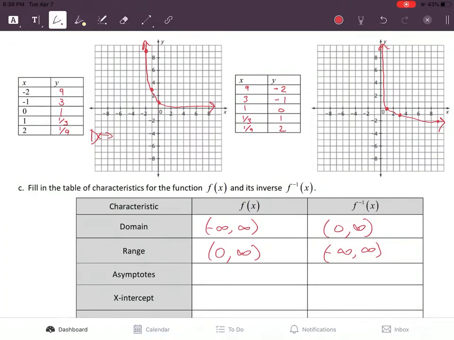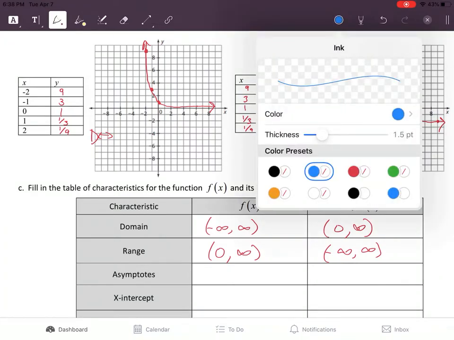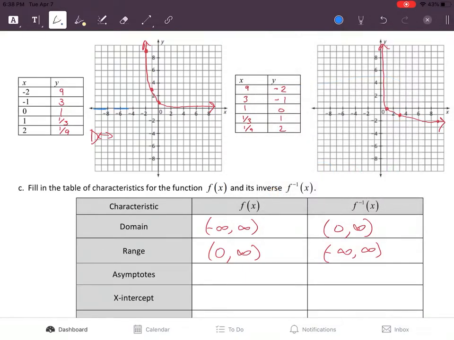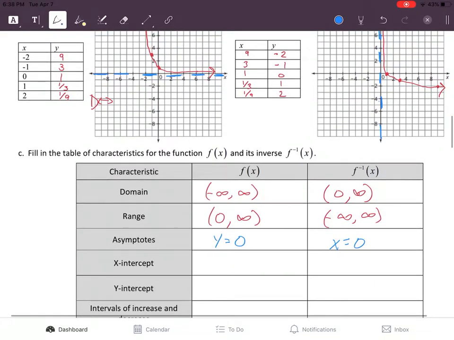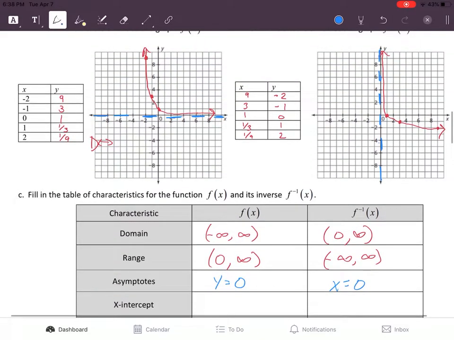Just like before, I'm going to change colors again to show you the asymptotes. So there's your asymptote for the regular f of x function, which is going to be y = 0. And for your inverse function, your asymptote is going to be here on the y-axis, which is the equation of x = 0. I'm going to stick with blue as my color here.